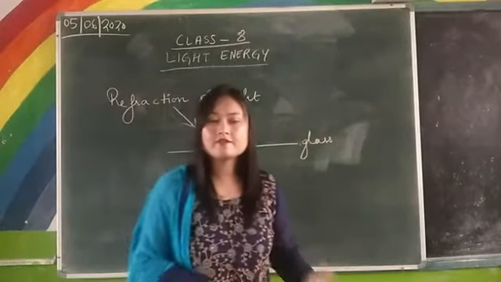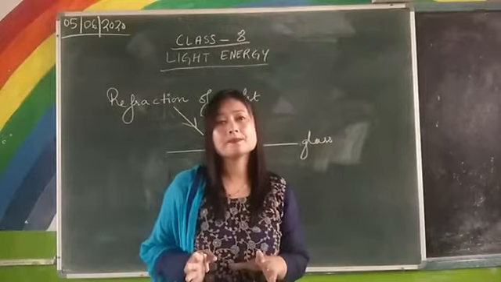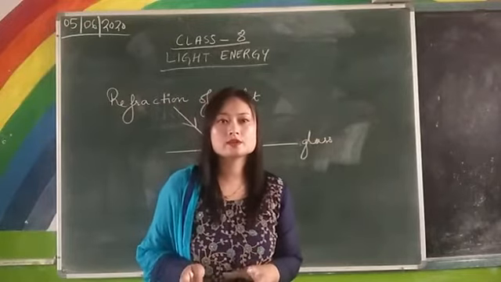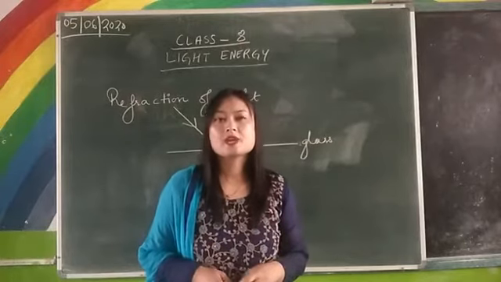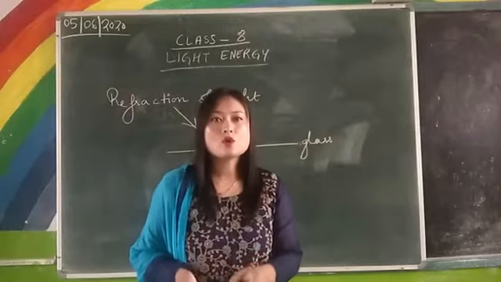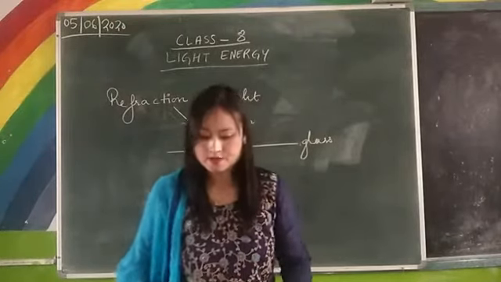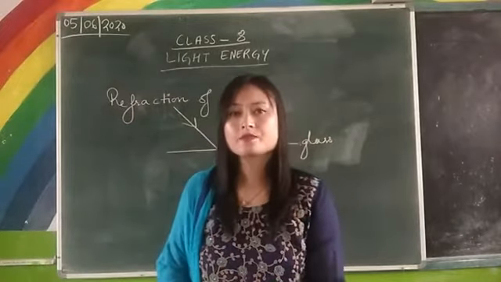So how do we define refraction of light? When a ray of light falls in a medium, falls on an object and refracts to another medium, it is called refraction of light. So that is the major difference between reflection and refraction.